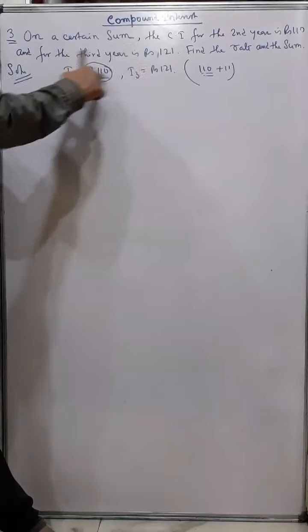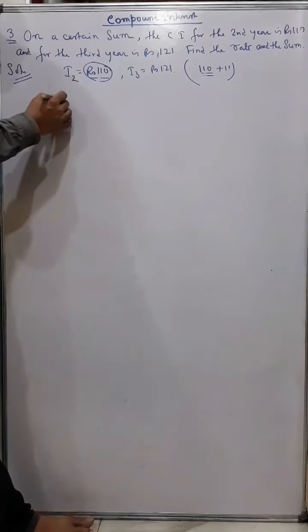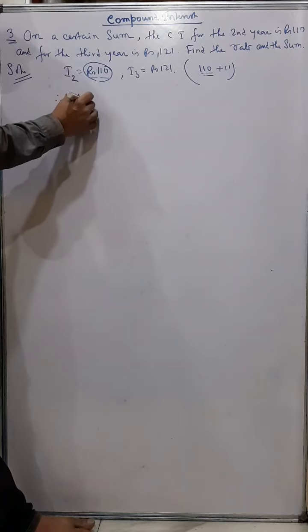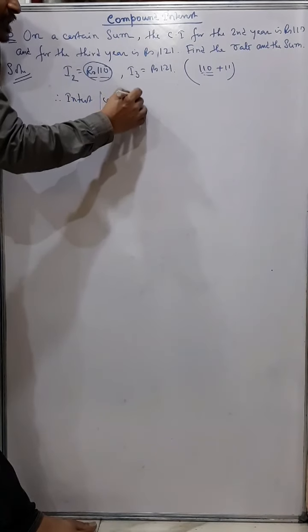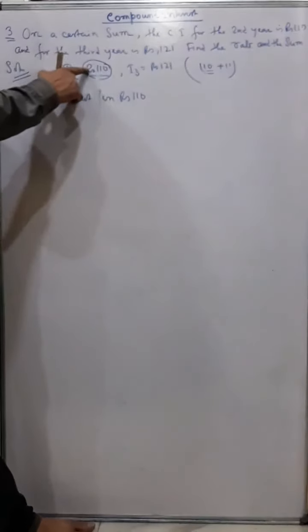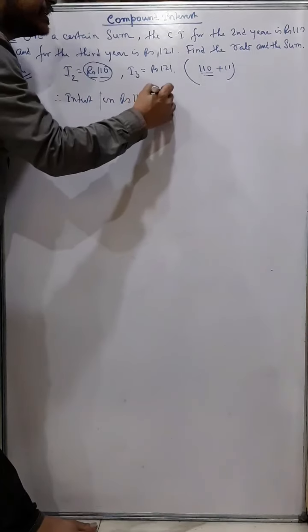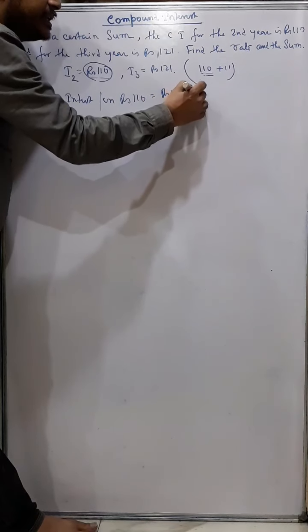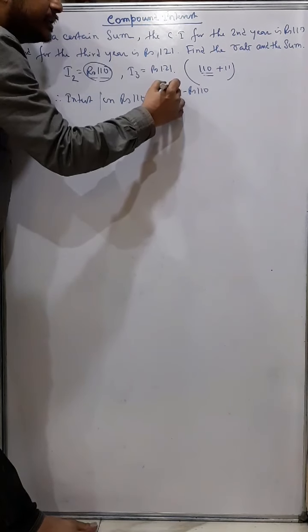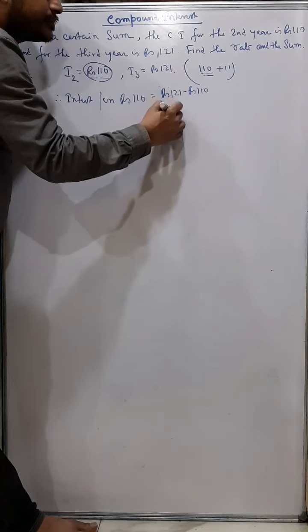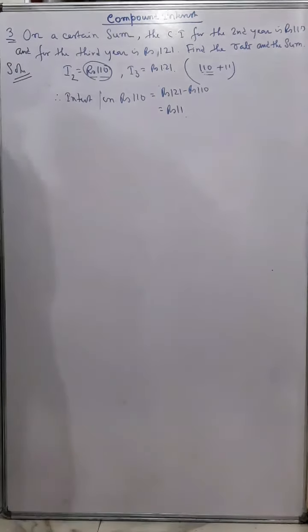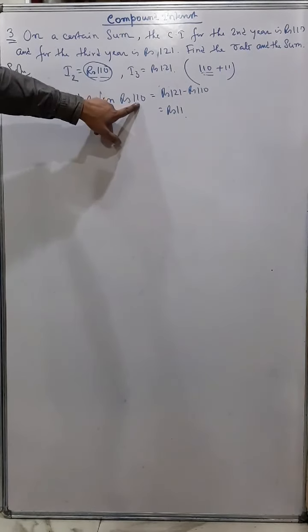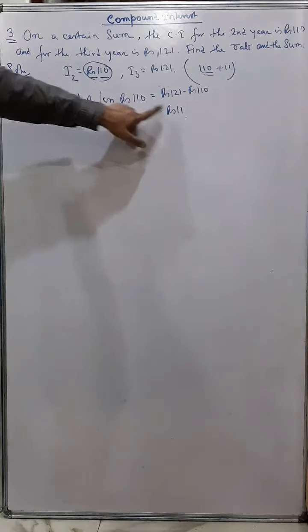So from here we can understand that interest on rupees 110 is how much? How much interest is charged? 121 minus 110. That means on 110 rupees in the next year, how much interest is charged? 11 rupees.